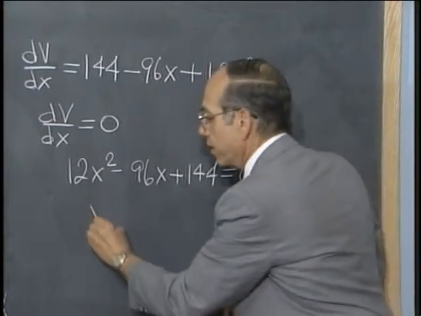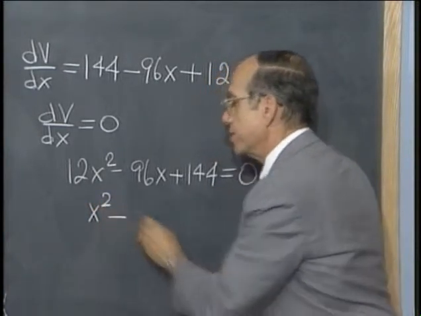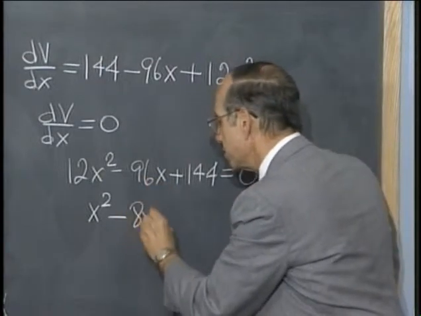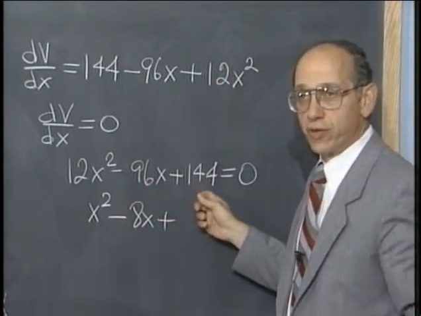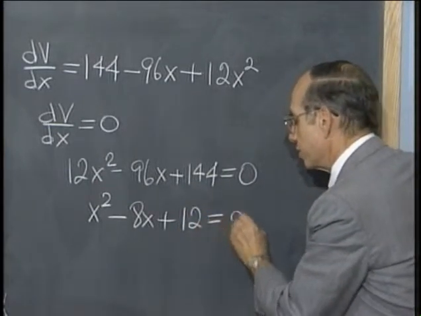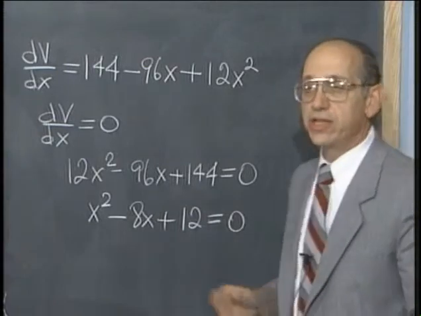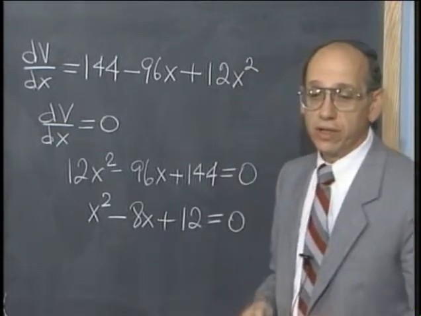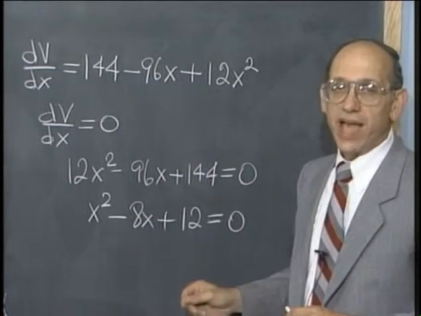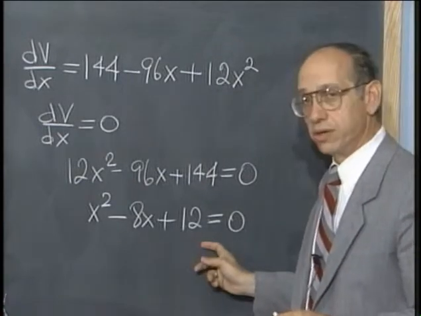Dividing by 12, I get x squared minus 96 divided by 12 is 8, that's 8x, plus 144 divided by 12 is 12. And that equals 0. Now, how do you solve a quadratic equation? Well, you could use the quadratic formula, but if you're lucky, you'll be able to factor this expression.